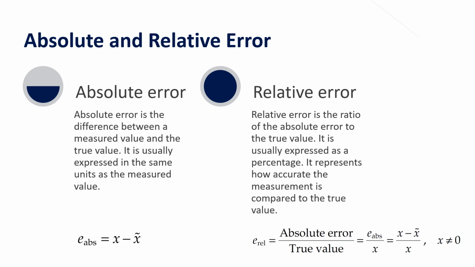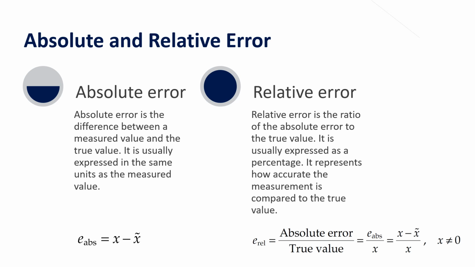Relative error is more useful when comparing the accuracy of different measurements. It allows easy comparison of measurements with different units or different true values. The smaller the relative error, the more accurate the measurement is.